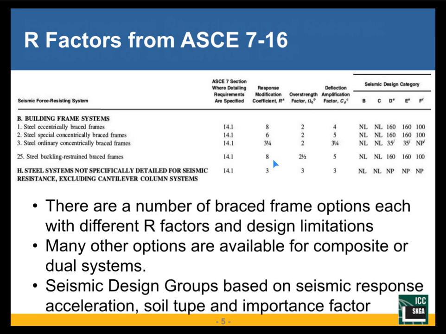If you have a large response modification factor, you have a relatively small seismic design force. If you have a smaller seismic response modification factor, you have a larger seismic design force. And you should note that even with an R value of 3, you really are going to have a fairly substantial amount of inelastic activity during a very, very large earthquake.